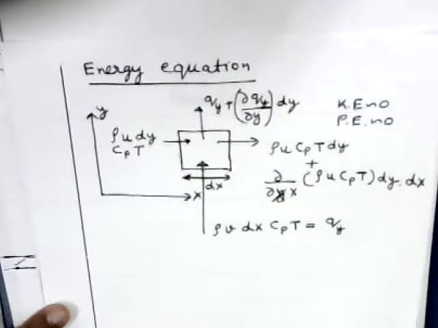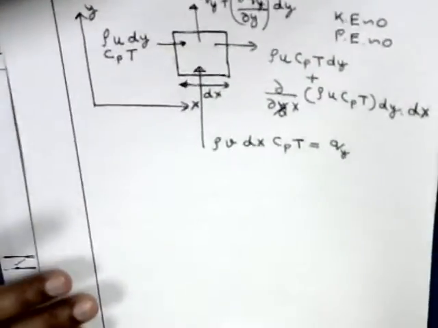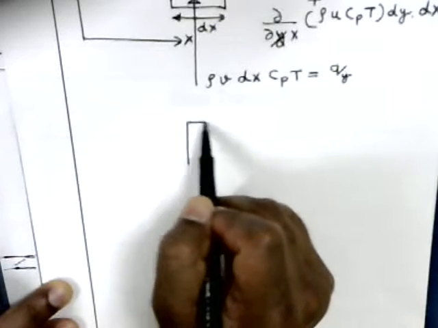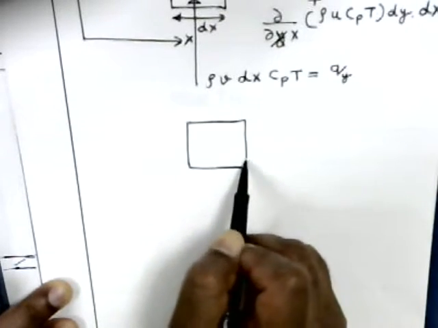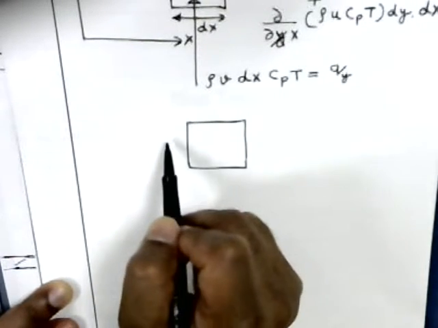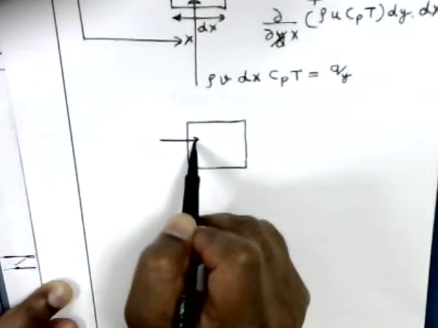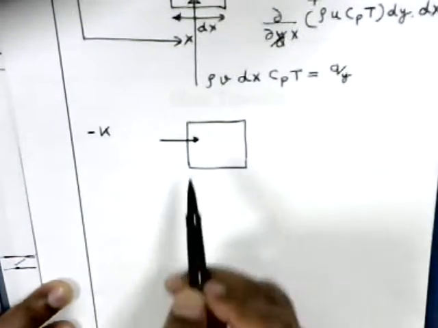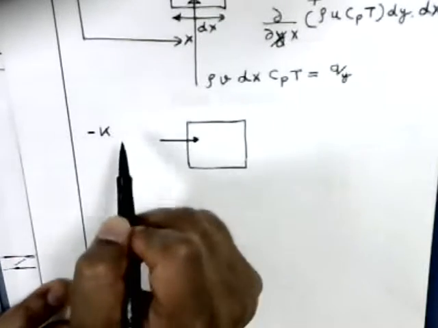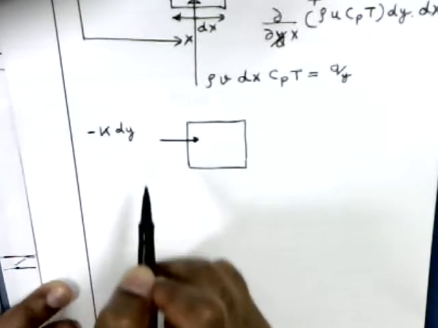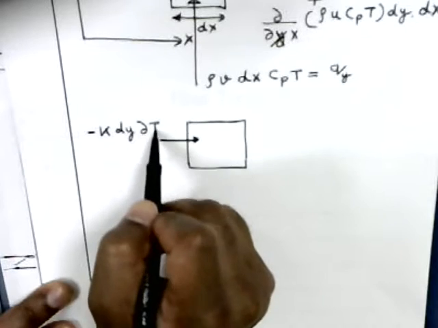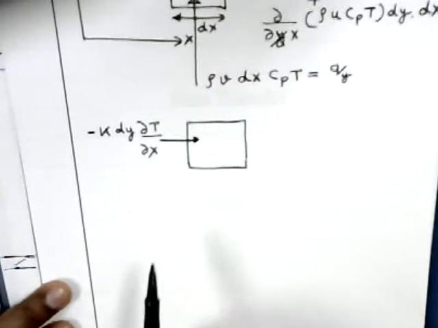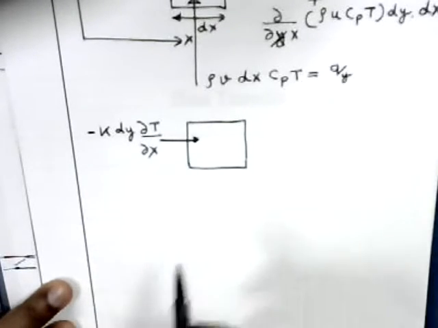Now, apart from this, you have also conduction. So let me show those terms here. From the left face, because of the temperature gradient, you have conduction. That will be given as negative K times this area. This area is dy, times the temperature gradient, del T del x. That is conduction. So we wrote advection, and this is conduction.